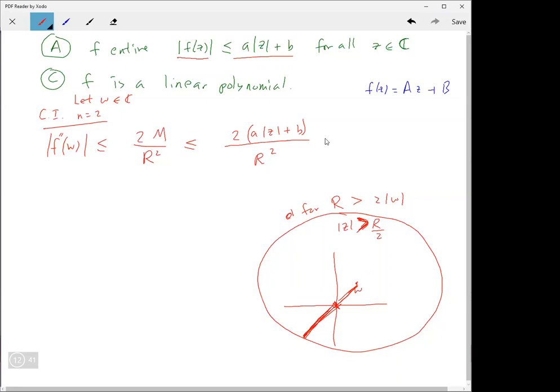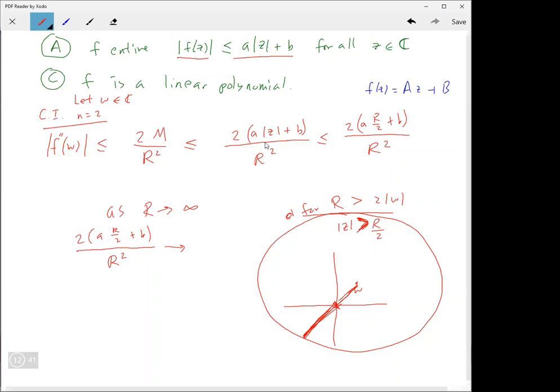So for this right here, this is going to be less than or equal to this part right here, r over 2. And as r goes to infinity, what happens to this? Well, you just have an r.